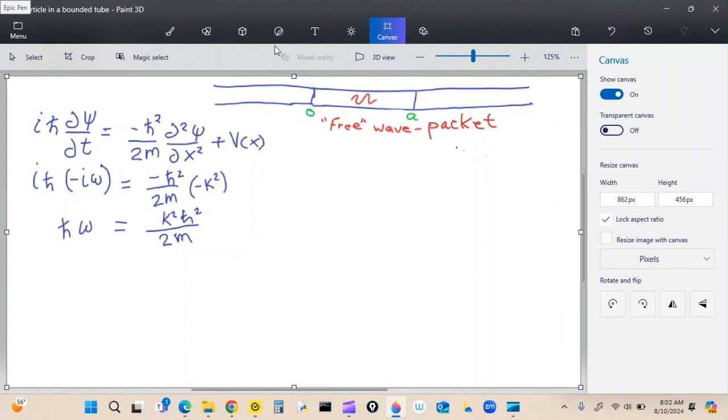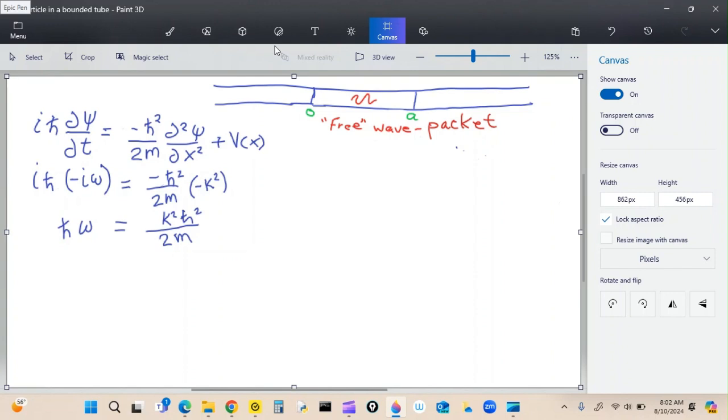i h bar times negative i omega. This is from the general form of the Schrodinger equation. And then the negative h bar squared over 2m, because negative k squared, so we have h bar omega, which really is the same as h times f.